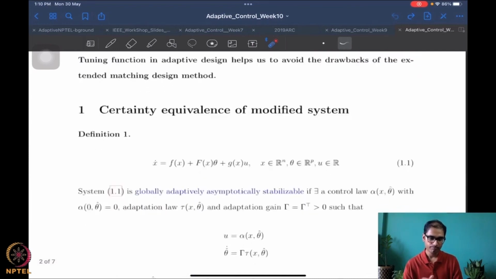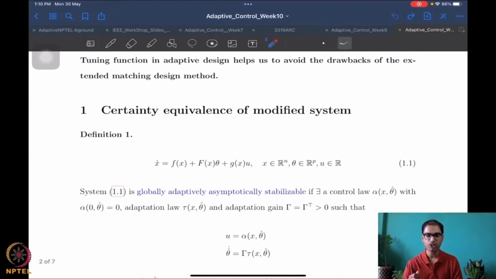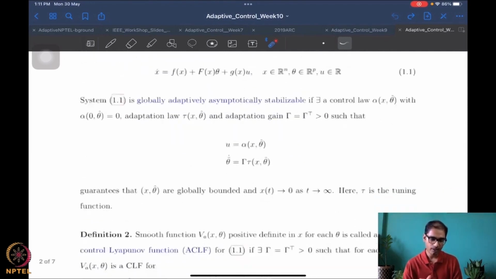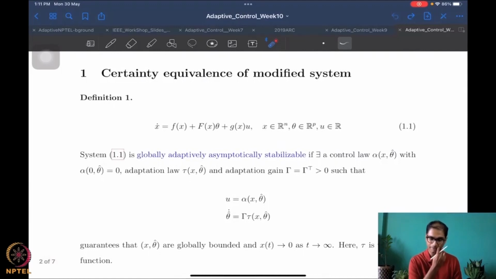For now, I will define a couple of these definitions, and then we will start with the more nonlinear control material in the subsequent session. So we say that this system x dot is f(x) plus capital F(x) theta plus g(x)u. You're already used to looking at this system because we've been seeing this sort of structure everywhere in adaptive integrator backstepping, right? So this kind of structure is standard.